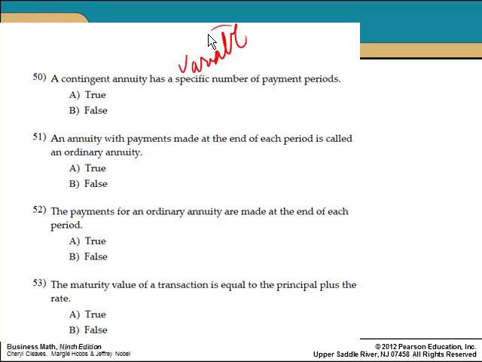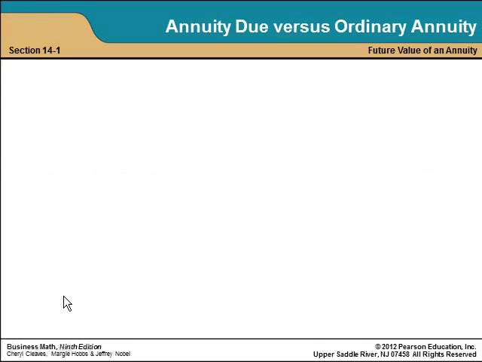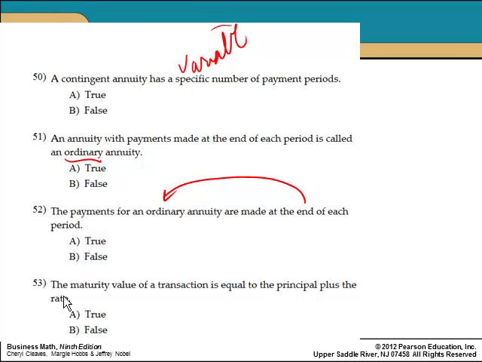An annuity with payments made at the end is called an ordinary annuity. The payments for an ordinary annuity are made at the end. The maturity value of a transaction is equal to the principal plus the interest, not the rate.